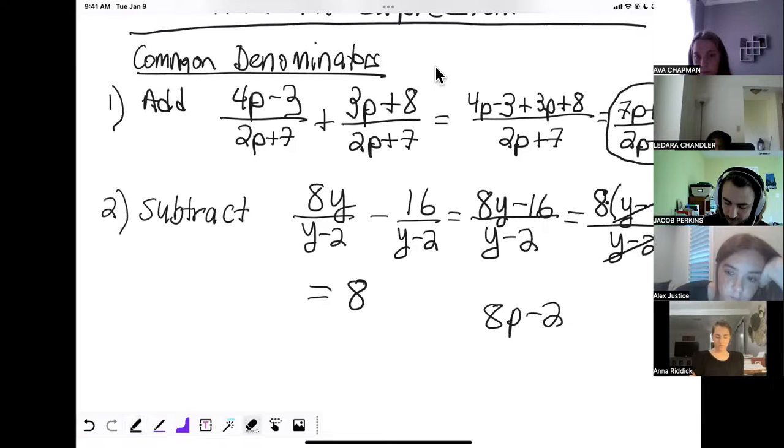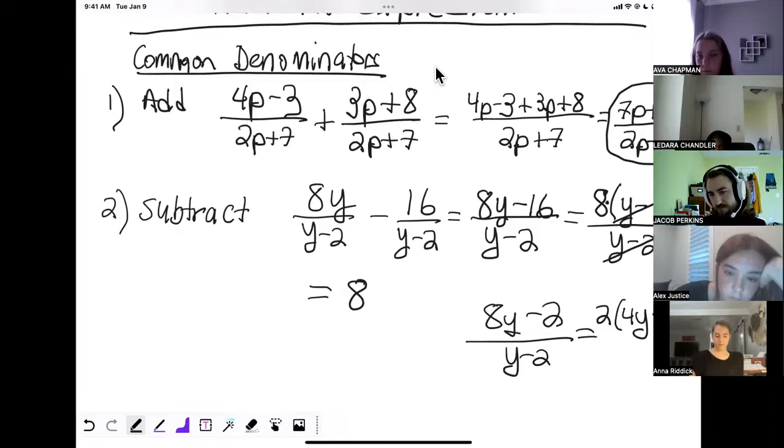Well, that would be a y over y minus 2. What I can do is factor out something. I can factor a 2 out. And what am I left with? 8 divided by 2 is 4y minus 1. And then I have y minus 2. Can I simplify these two? No, they're not identical. So this time that would be my answer.